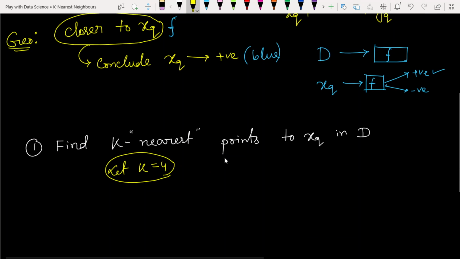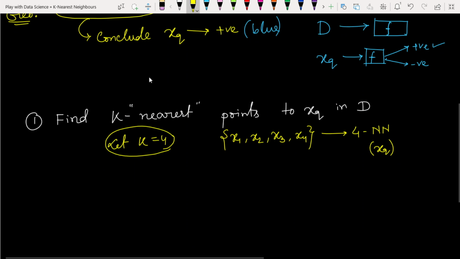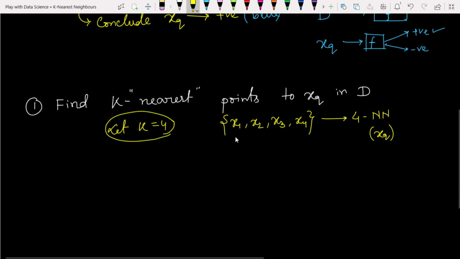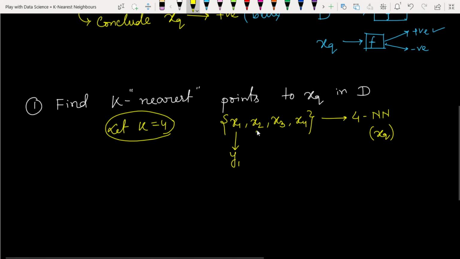We have found the 4 nearest neighbors x1, x2, x3 and x4 of our query point xq. For these 4 nearest neighbors we have the outputs from our data set: for x1 we have y1, for x2 we have y2, for x3 we have y3, for x4 we have y4. Let's take these as our actual outputs.